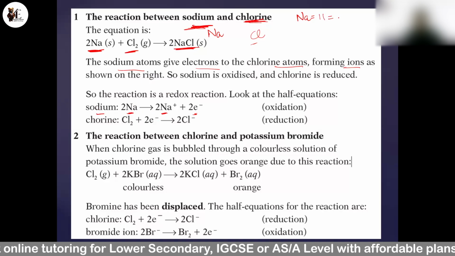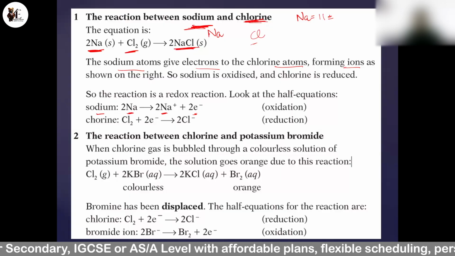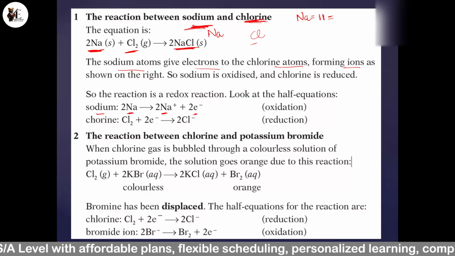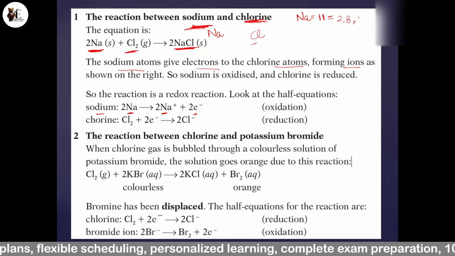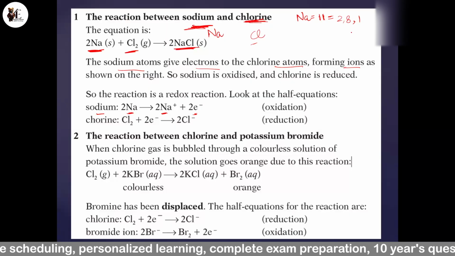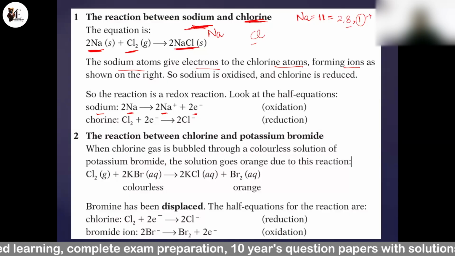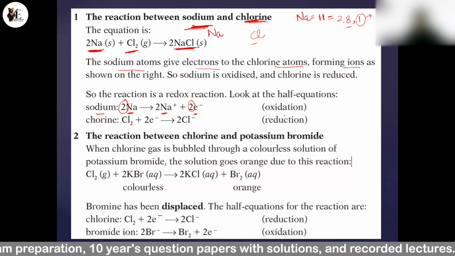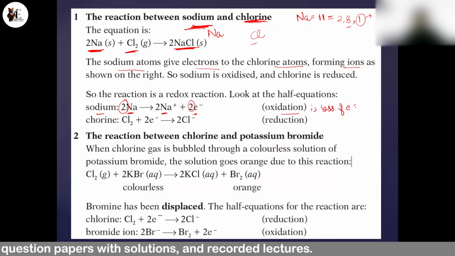So its configuration would be 2,8,1. That means sodium can lose this one electron to achieve stability. But since there are two sodium atoms, it loses 2 electrons. So oxidation is what? Loss of electrons. Sodium is losing electrons.